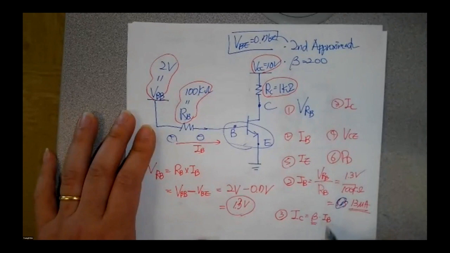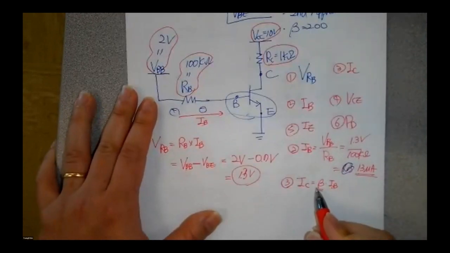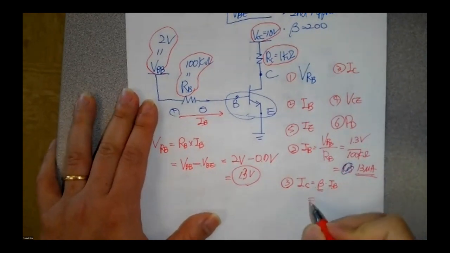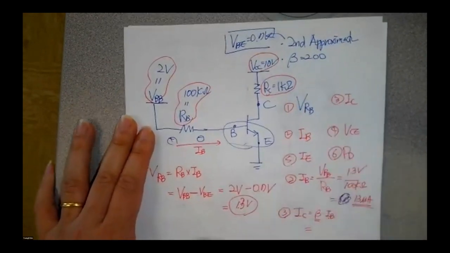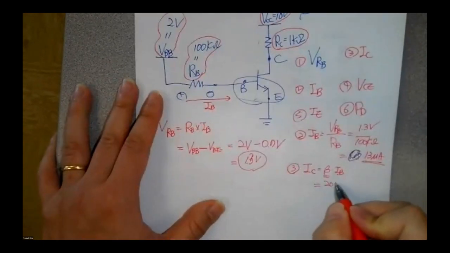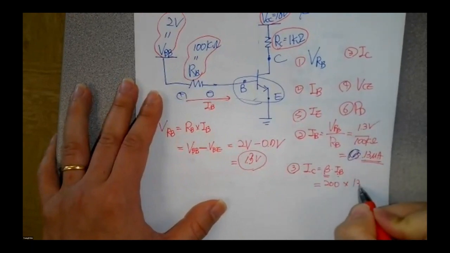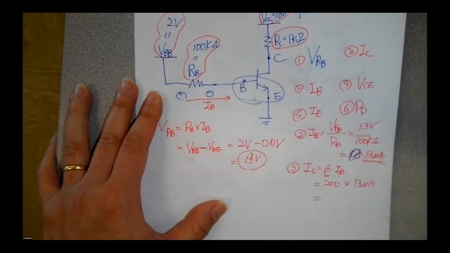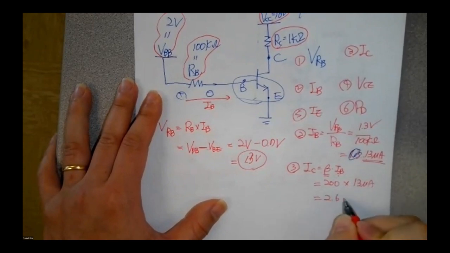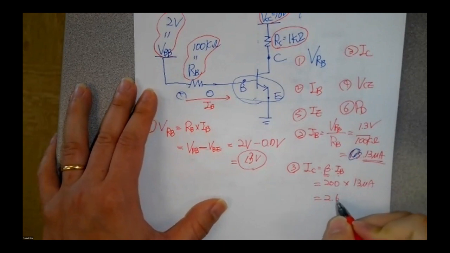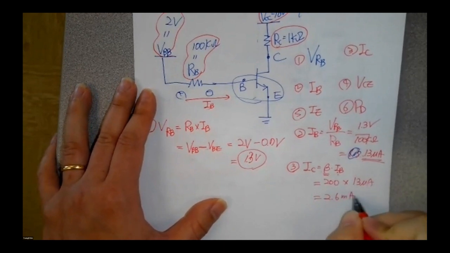The beta times the I sub B. The beta is from the question, 200. So the 200 multiplied by I sub B, we have already calculated right there. So 2.6 milliamp, right?